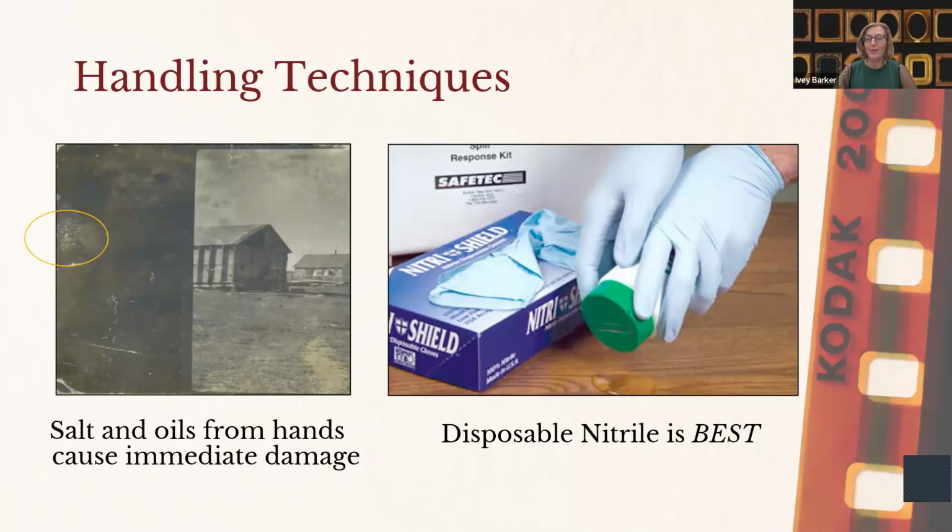Handling. Always wear gloves with photos, please. Nitrile is our glove of choice. And the reason for that is the salt and oils from hands can cause almost immediate damage to many surfaces of photographs, whether that's an imprinted fingerprint because your hand is hot and you're heating up the gelatin and it imprints, or tarnishing, as the oils and salts can cause discoloration over time.